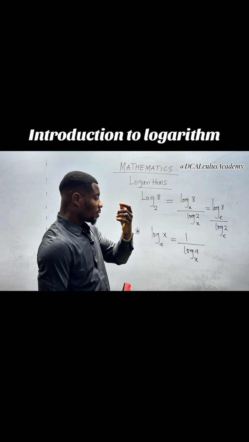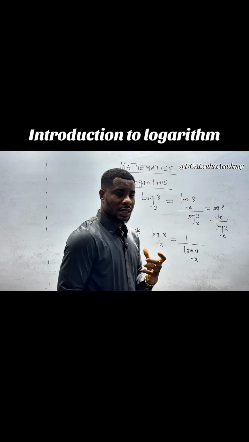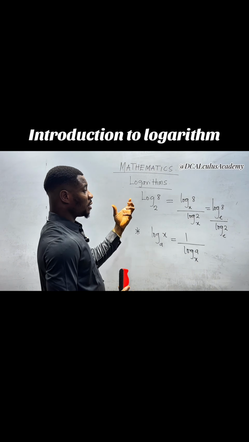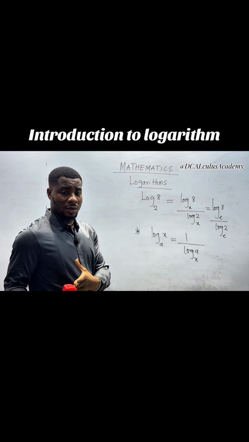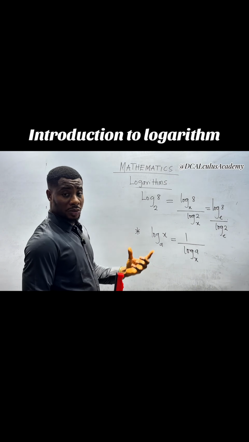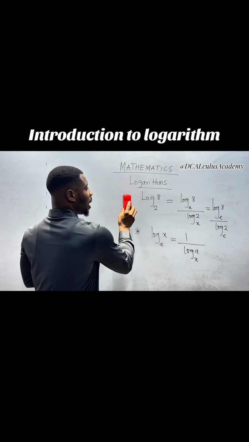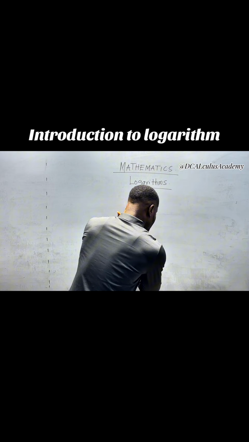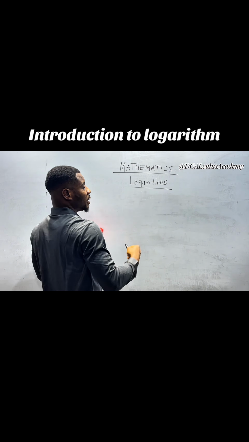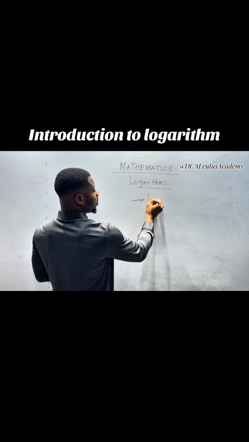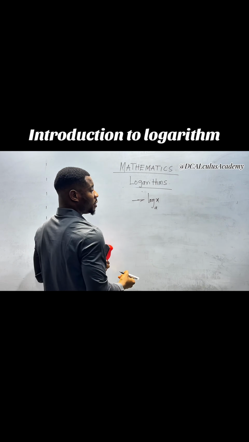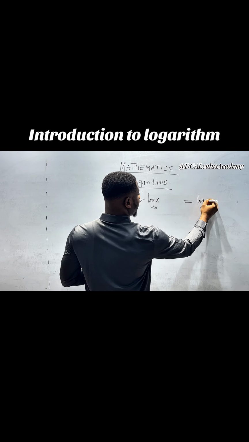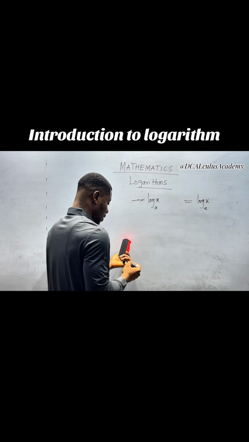Now I could easily create a relationship between the general base logarithm and the natural logarithm. Listen attentively. Remember we've said that log of x to base a is the general base logarithm, and log of x to base e is the natural logarithm.